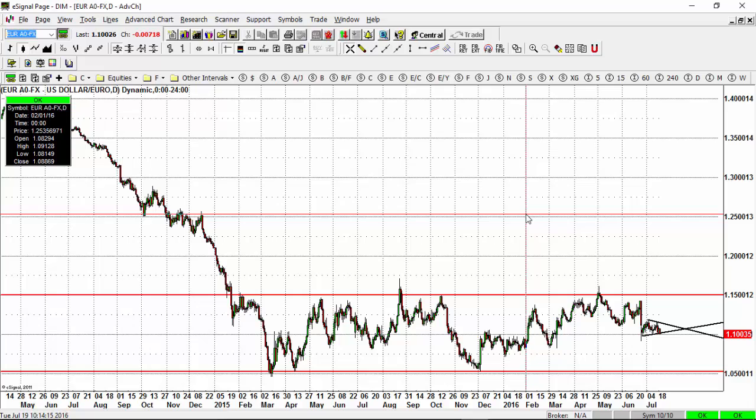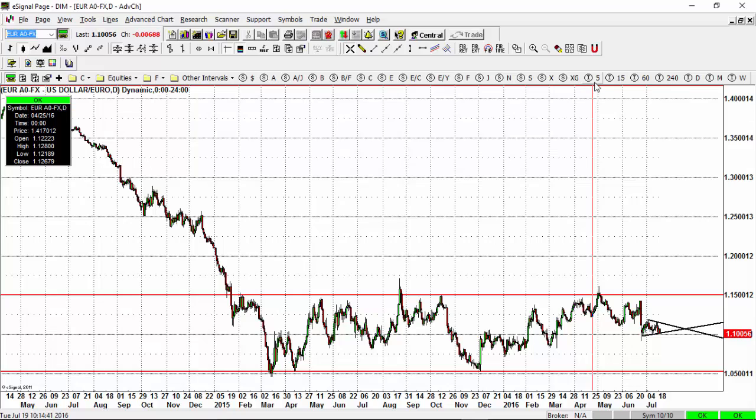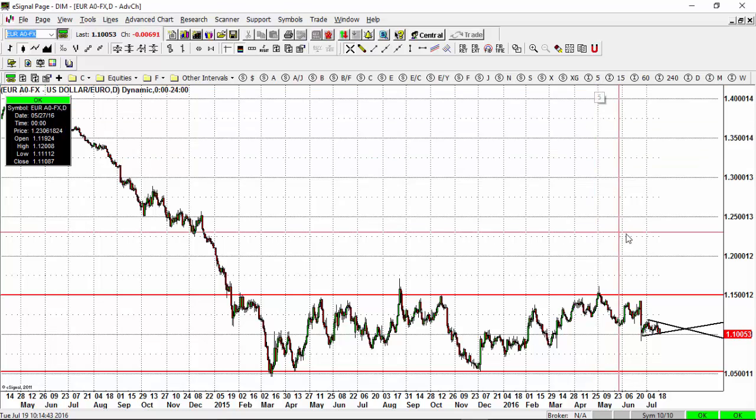Keep in mind we're still in a trading range, and this range has really lasted a long time. It bottomed out in March of 2015, and as you know, we're in 2016 now. So the euro has had almost a year of sideways action, and what that tells me is that this breakout could be fairly significant and could definitely move in whichever direction the market breaks.